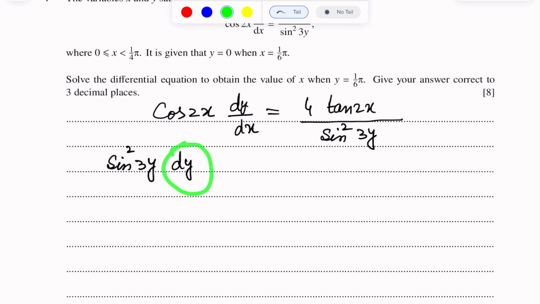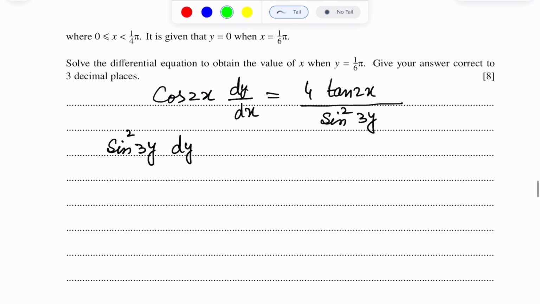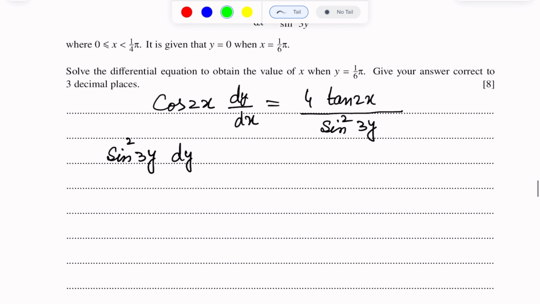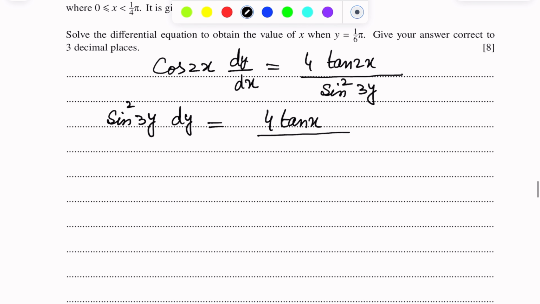Clearly, we have attached dy with y terms, is equal to 4 tan 2x over cos 2x dx. We have used the cross multiplying process here.